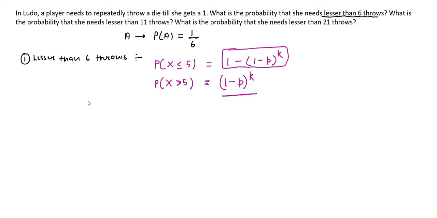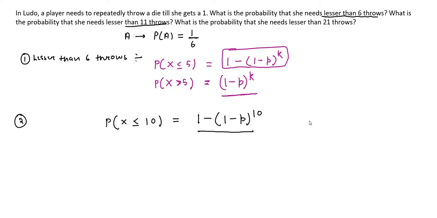Let's say the second question is that she needs fewer than 11 throws. Again simple: fewer than 11 throws is equal to less than or equal to 10, and it is given by 1 minus (1 minus p) to the 10.